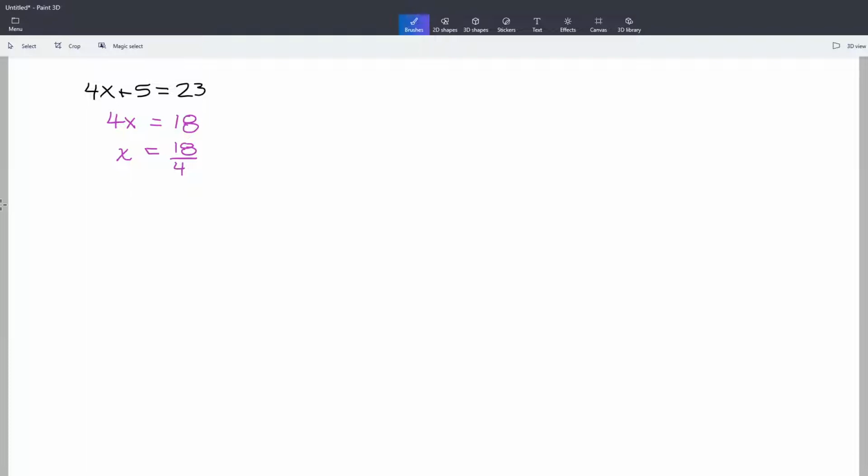There's a common number that divides both 18 and 4, right? So we know that that number is 2. So if we divide both the numerator by 2 and the denominator by 2, then our answer is in a good form, a fully reduced fraction form. Okay. All right. So let's look at something that's a little bit more difficult.